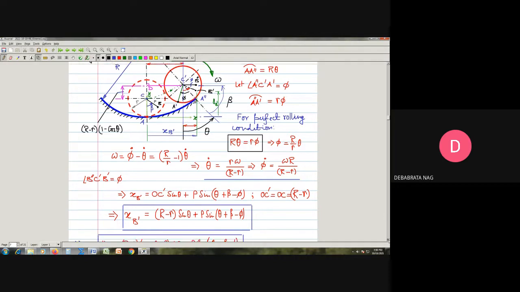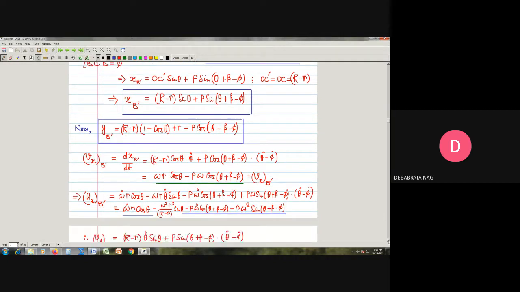Your beta must be equal to 0. So if you do that, you see here in this expression, we have said that we need to consider this beta to be equal to 0, correct? And you need to consider this rho to be equal to r.